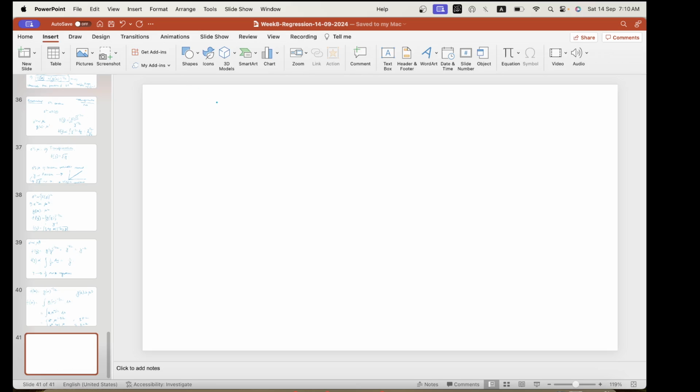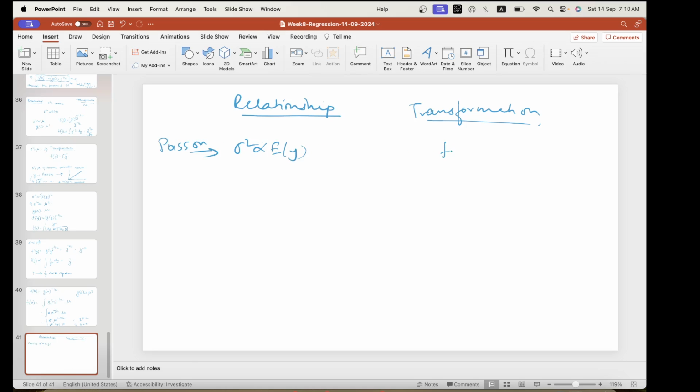So let's say this is the relationship and this is the transformation. If we have sigma square proportional to y, which is the case of a Poisson distribution, then the transformation is fy equal to root y.